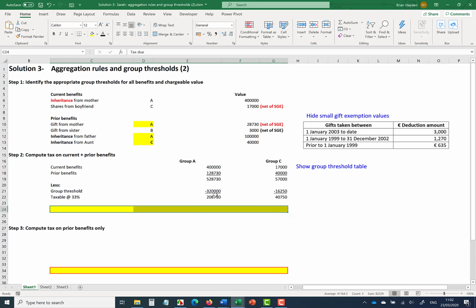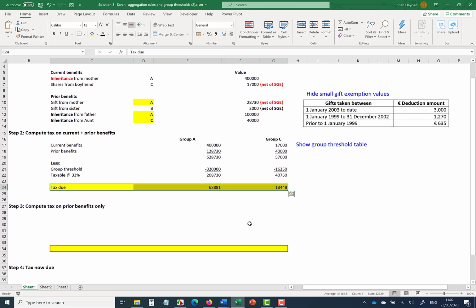So 33% of this figure and 33% of the next figure gives gross tax as indicated there. We repeat that calculation in the next step, except we just strip out the current benefits. So we just look at the prior benefits only. So this is pretty straightforward. Once you've done the previous step, you have all the values you need. You've got 128 and 40.